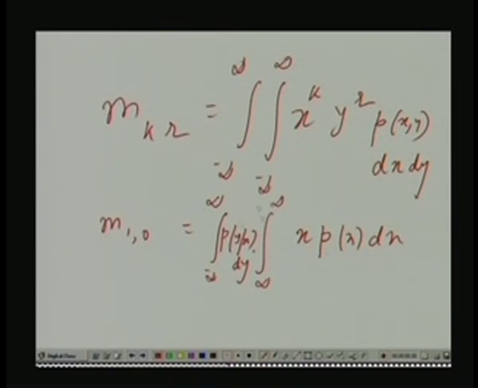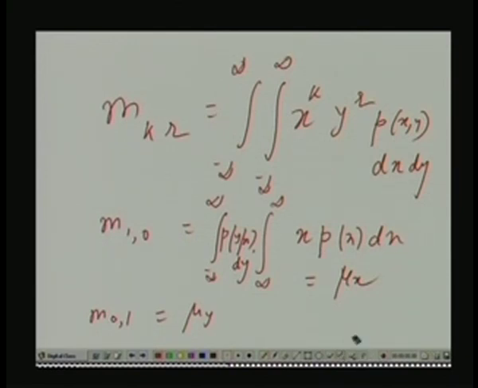So, this integral is 1 because conditioned on any x, the total probability of y taking values within minus infinity to infinity is equal to 1, and this is the mean value of x. So, M10 is mu_x. Similarly, M01 will be mu_y, the mean of y.